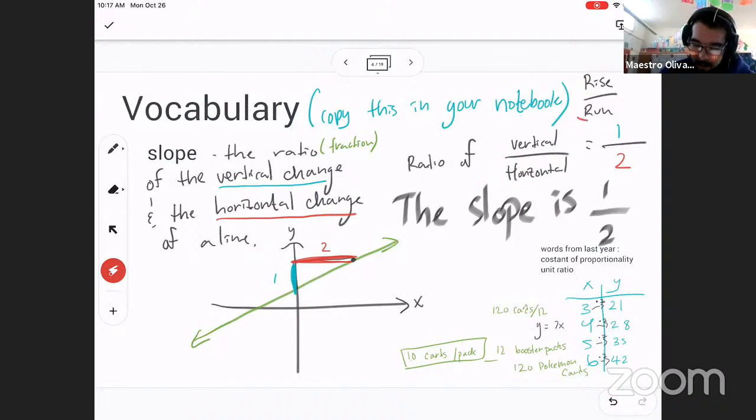Horizontal is going left to right, or how much you're running left to right. I like to introduce it as vertical over horizontal because once you can picture what the vertical and the horizontal distance looks like, then I switch over to rise over run. Let's move forward, okay?